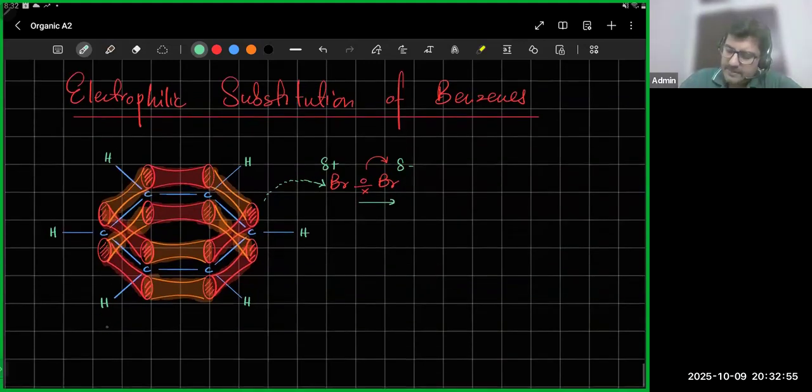The pi benzene ring or pi electron cloud ring has low charge density.